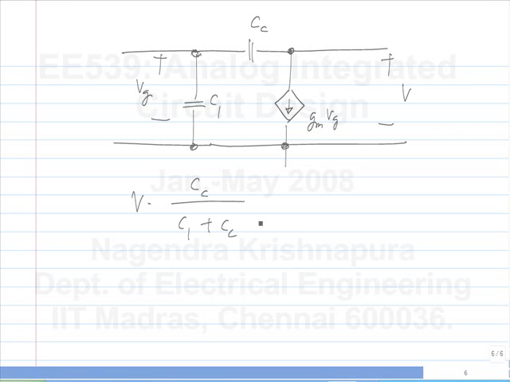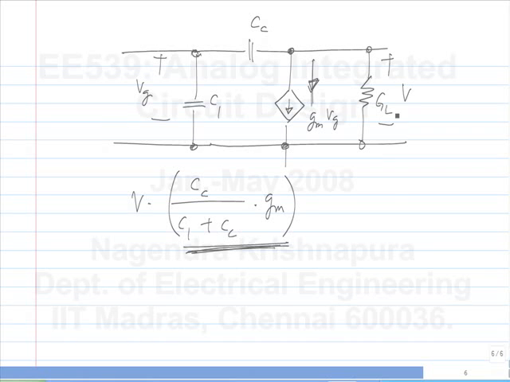Is this part okay by everyone? So what is the current flowing through this? The whole thing multiplied by Gm. So the conductive part of the current that is flowing here is this conductance times the voltage. So that's the conductance you see. You also have a conductance GL, so that gets added. Now you also have a conductance on this side, so that gets added in a slightly complicated way.